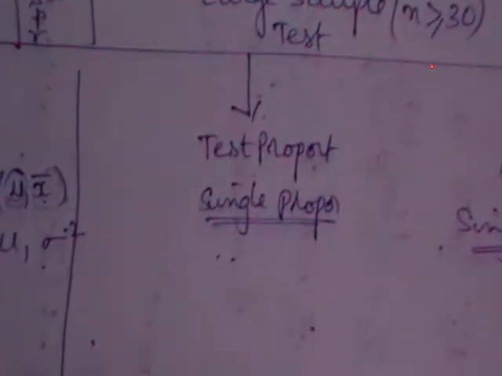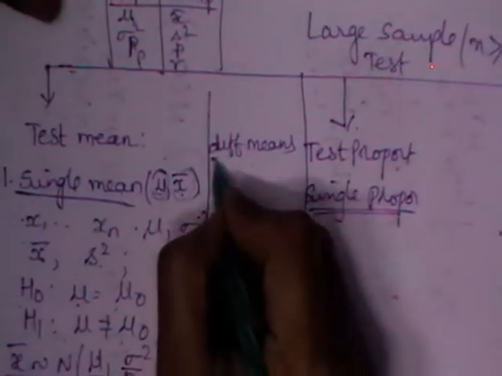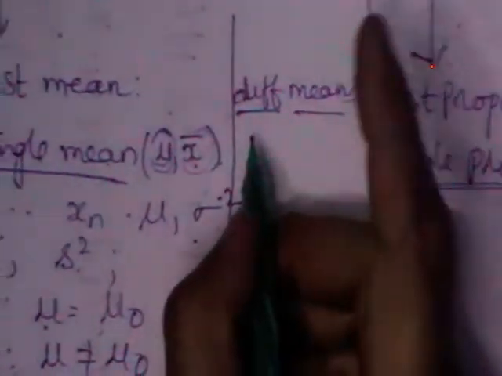So single proportion, how are you going to write? This is the single mean, no? Let us write the difference of means also. Difference of means means here we are going to describe two characteristics or two samples.